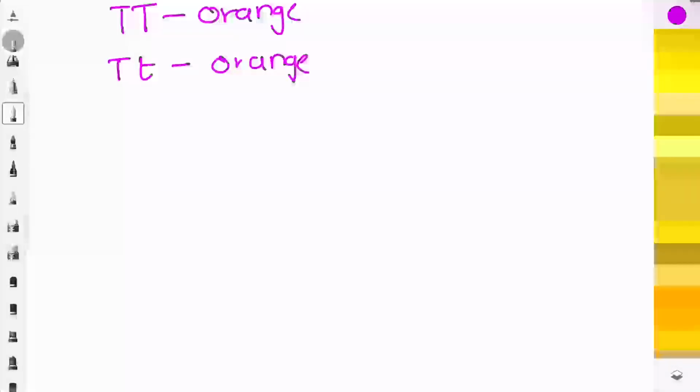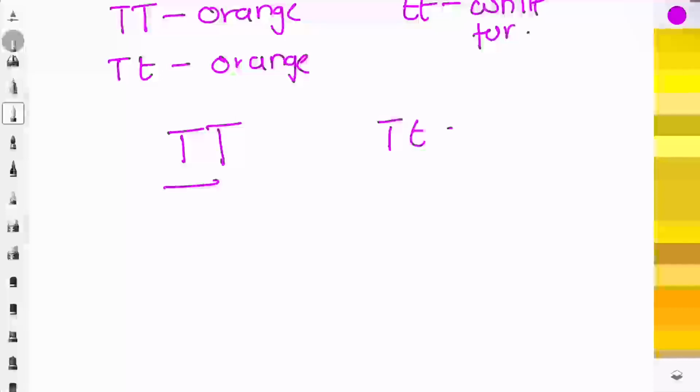Yes or no? Yes. An individual that has this genotype will have white fur, because white is recessive. And if a recessive characteristic is to be shown, then 2 copies of the recessive allele should be there, homozygous recessive. Right? Now, if 2 parents were crossed, one parent had this genotype, the other parent had this genotype, all the offspring will have orange fur.